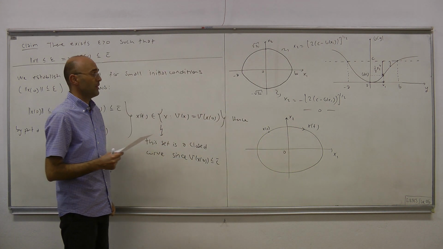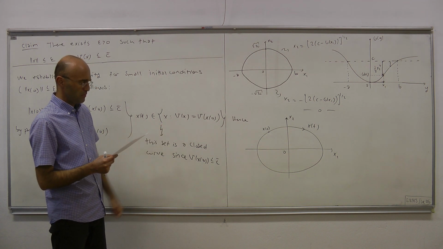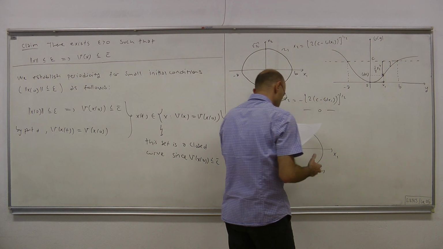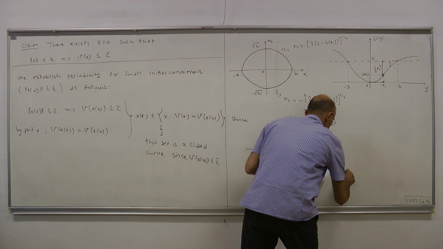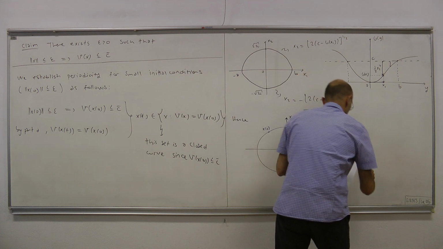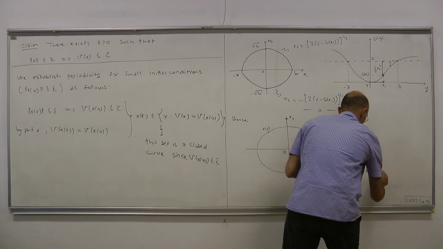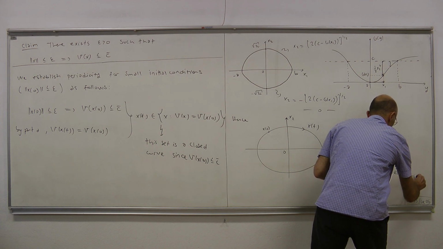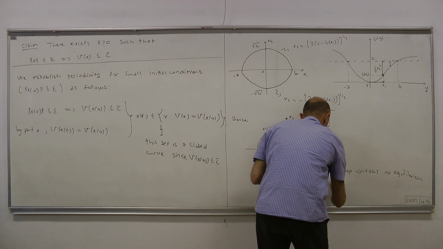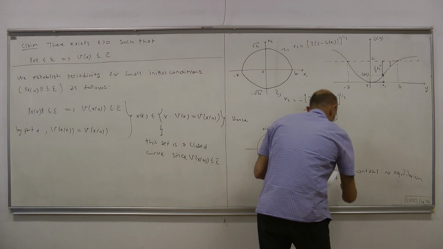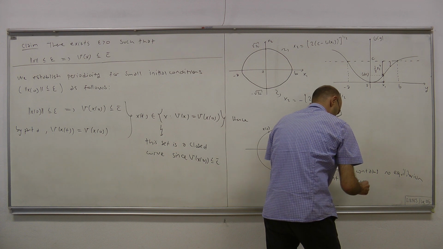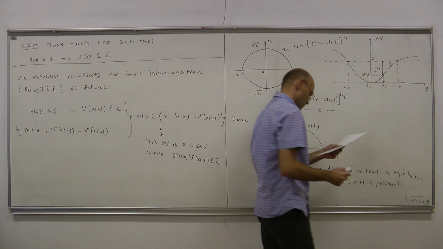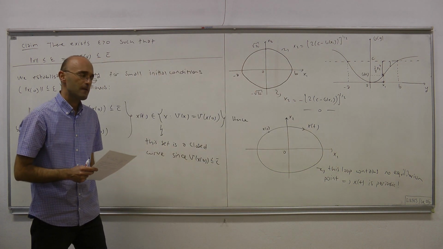Therefore, the solution must be periodic. Okay. So the final observation, therefore, is this loop contains no equilibrium point. So that implies x of t is periodic. Okay.